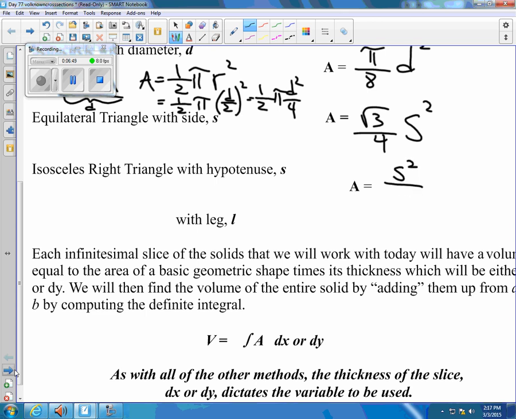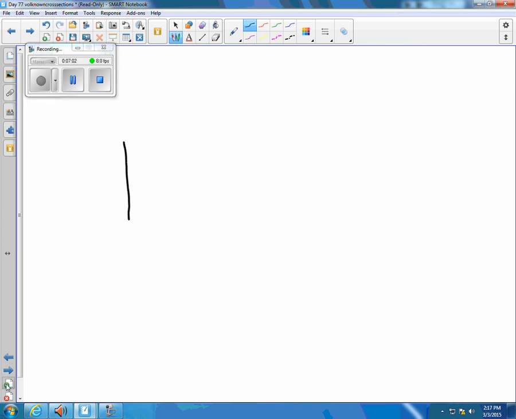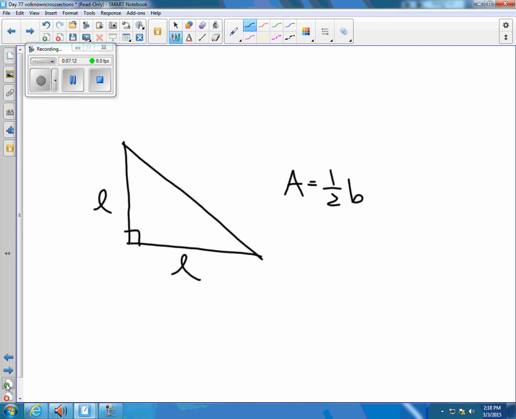It's hypotenuse squared over 4. We're also going to need to know what the area of an isosceles right triangle is in terms of its leg, L. Well, that's the easy case. If you have an isosceles right triangle, and we want to know the area in terms of its leg L, again, area of a triangle is 1/2 base times height. So it would just be 1/2.